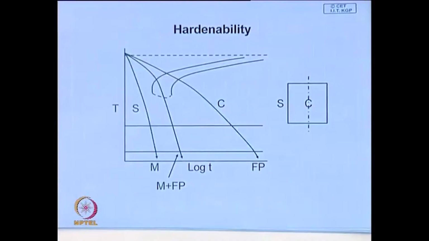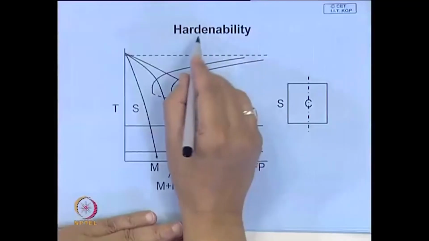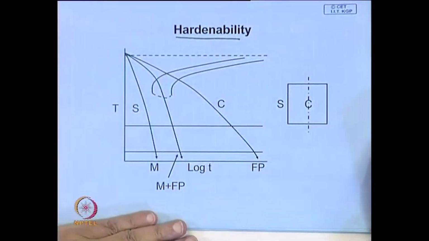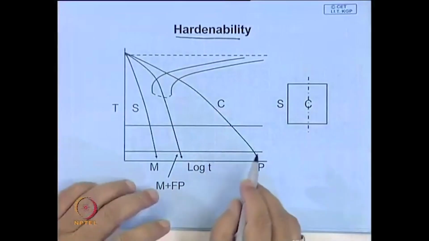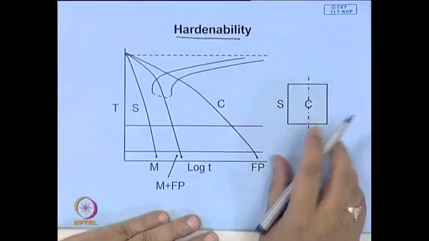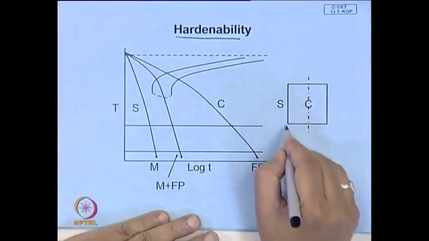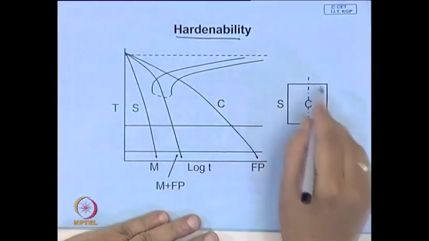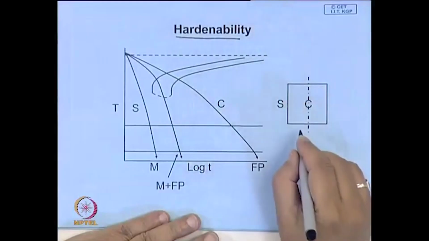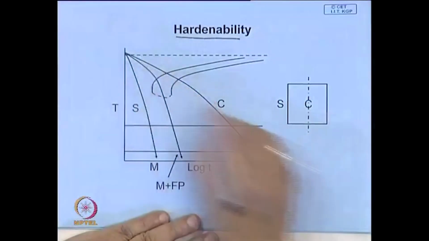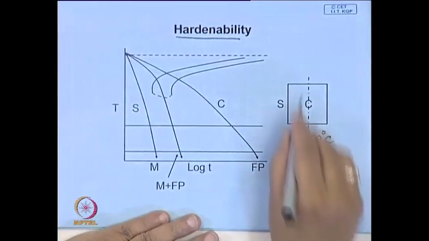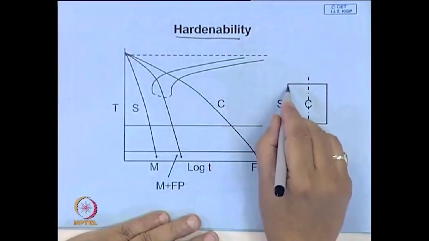Now, let us try and understand a term we mentioned called hardenability. What does it mean? We just mentioned that when you quench a job, even if you quench in water, it is the surface which will cool very fast. Imagine this has a temperature of around, say, 760 degrees centigrade, and you dip it in cold water.